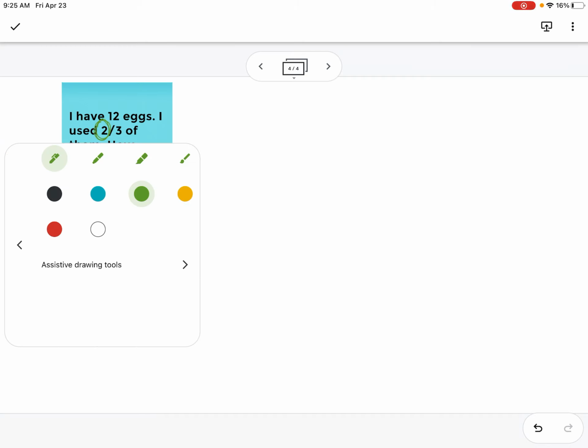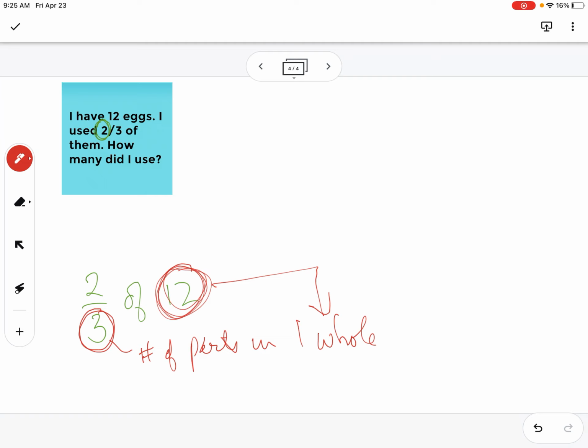Let's go back to our fraction basics again to help us with this. What does the 3 on the bottom tell me? The 3 on the bottom tells me the number of parts in one whole. What's the whole in this question? Well, this is the whole amount of eggs. The whole amount of eggs is 12. So I want to take my 12 eggs and break that into 3 parts. 1, 2, 3, 4, 5, 6, 7, 8, 9, 10, 11, 12.